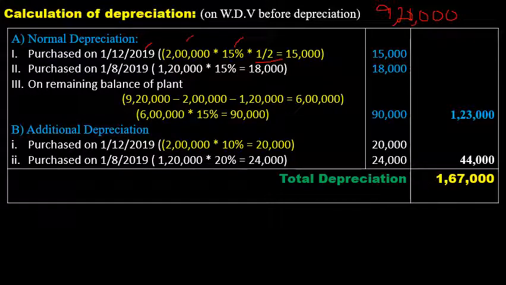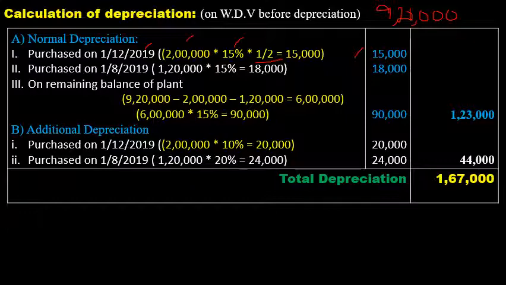So 15% into half, otherwise you can consider 7.5%. Whenever any asset is used for less than 180 days, you have to calculate half of the rate of depreciation. So 15,000 on the asset which was purchased in December 2019.